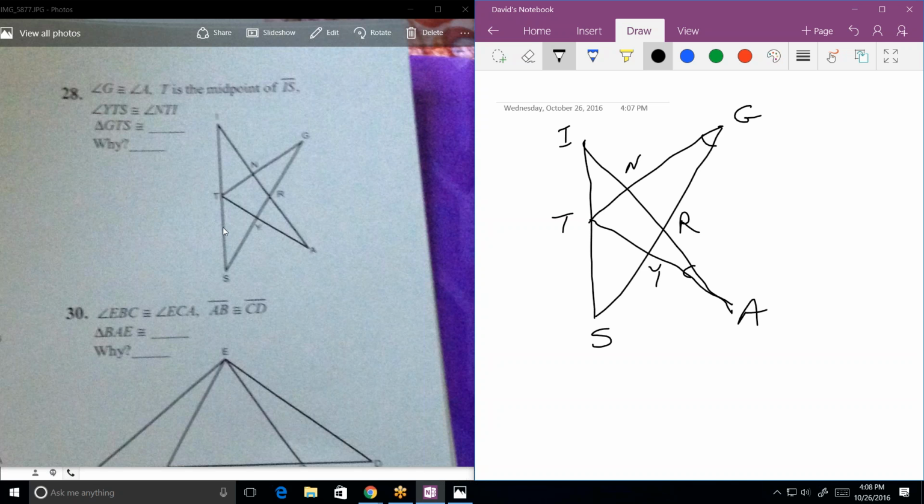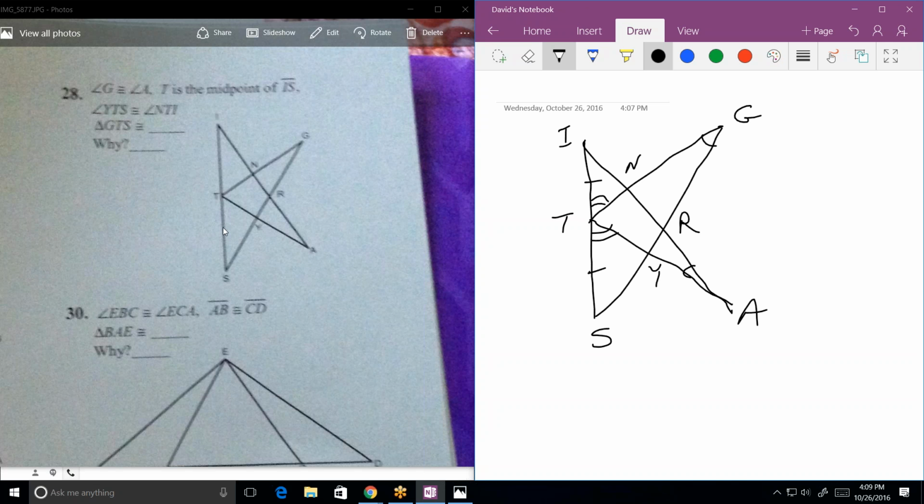You can put tick marks between T and I and then T and S. In other words, if that's the midpoint, then IT has to be the same length as TS. And finally, they say angle YTS, this angle here, is the same as angle NTI, this angle here.